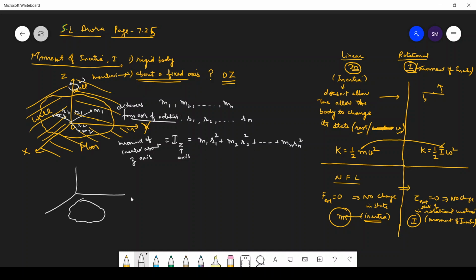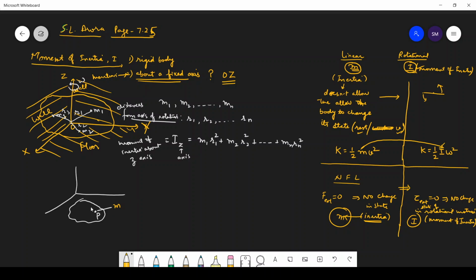Now suppose, if we have only one particle, this particle P, and this particle P has mass m, and it is rotating. So what will be the inertia of this particle P?